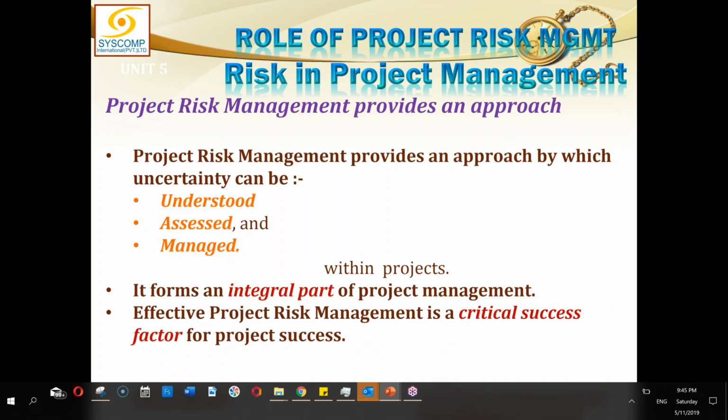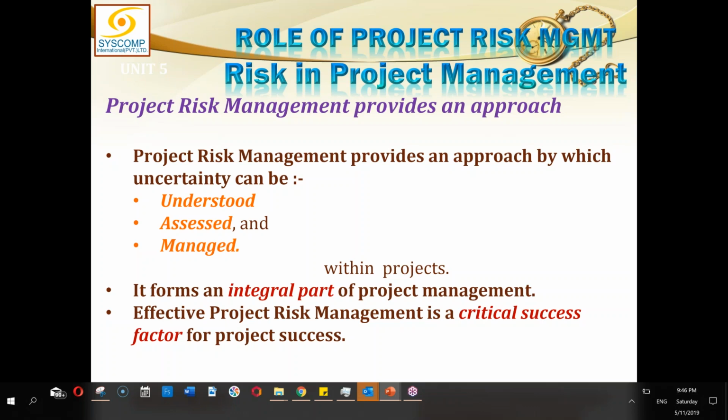Project risk management provides you an approach, a system, a way of addressing the problem. It provides an approach by which uncertainty can be understood, assessed, and managed within the project.